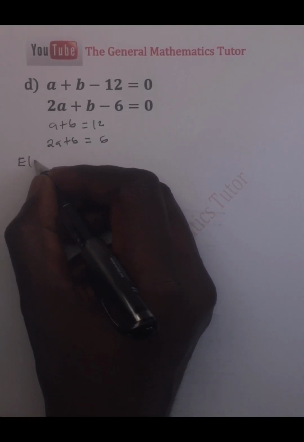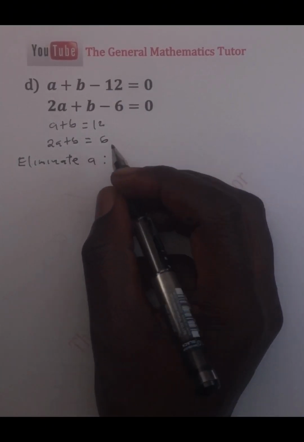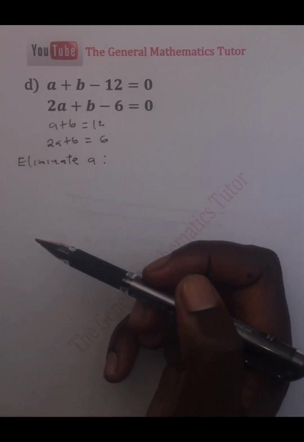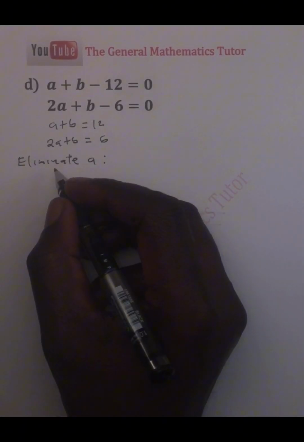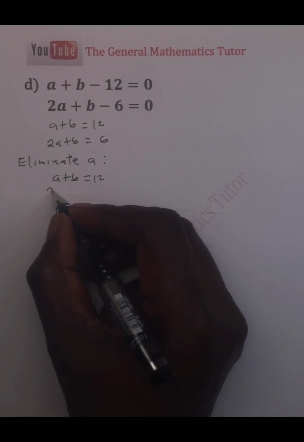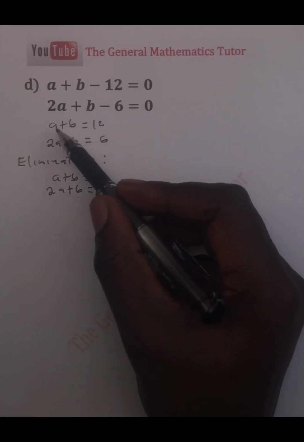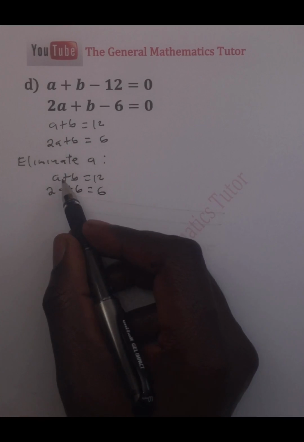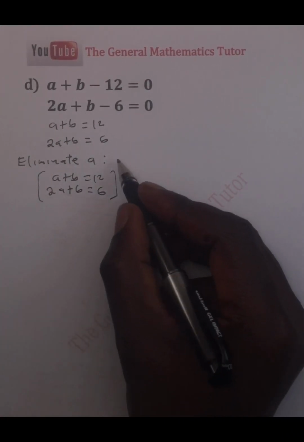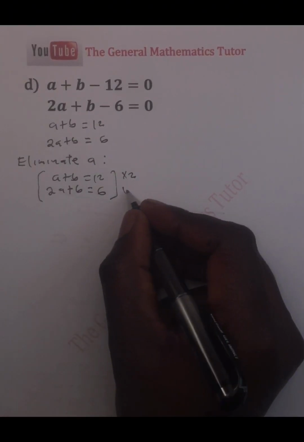So the first step is to eliminate a. For us to be able to eliminate a, the coefficients of a for both equations must be the same. So for us to do that, we are going to multiply across. We multiply the first equation by the coefficient of the second equation, which is 2, and the second equation by the coefficient of the first equation, which is 1.